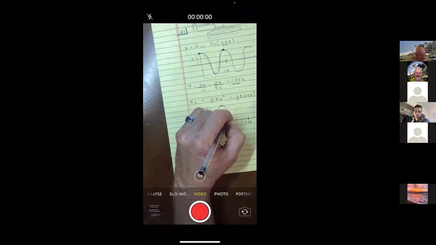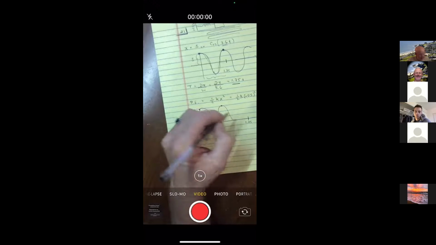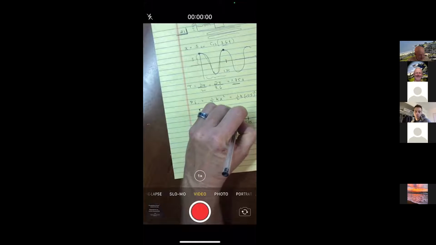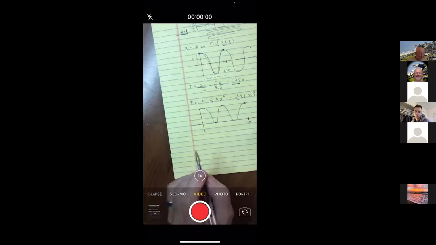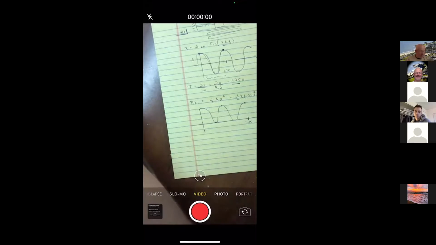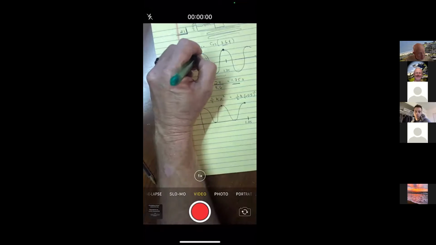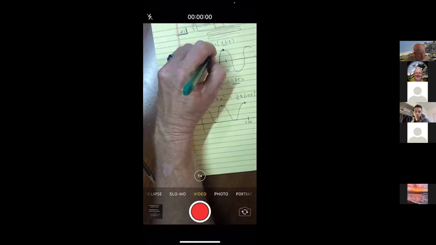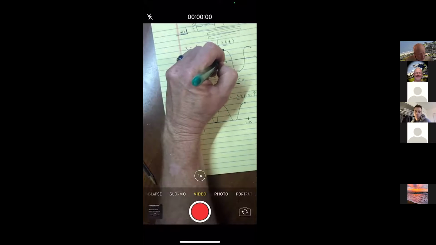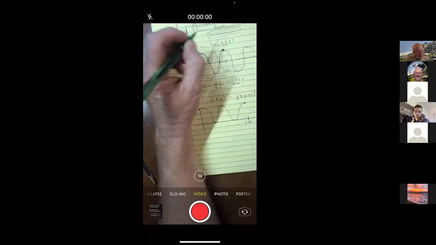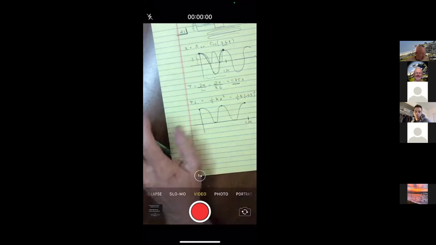Then it gets to 0 again. And then it gets positive. And maybe I should have put the cosine squared function in green over here. That's what a cosine squared is.